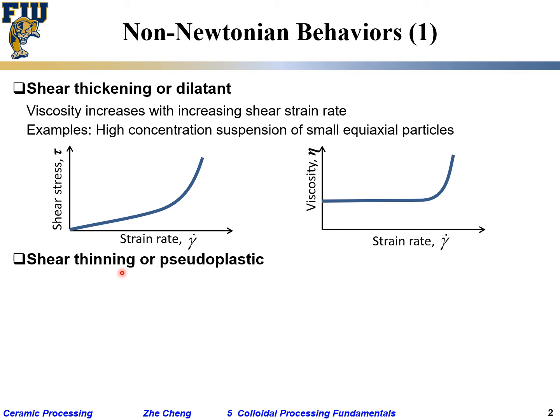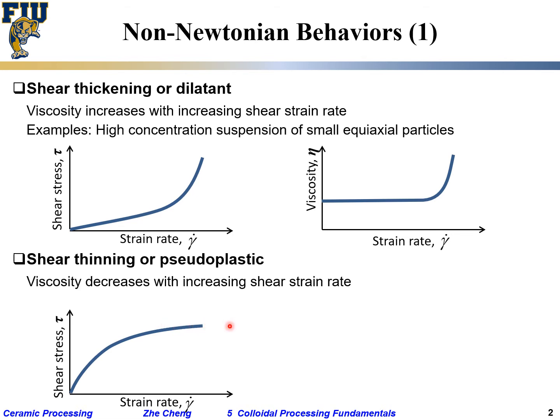shear thinning or pseudoplastic. Shear thinning means as you apply shearing stress, the liquid or soft material appears to be thinner, less viscous. This is the shearing stress versus strain rate curve. The slope is initially more or less constant, but as we get to higher and higher strain rate, the slope becomes lower and lower.